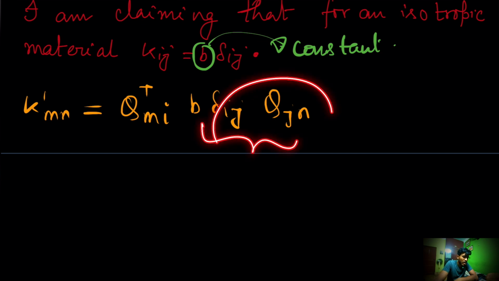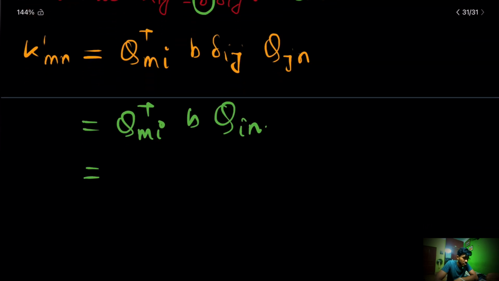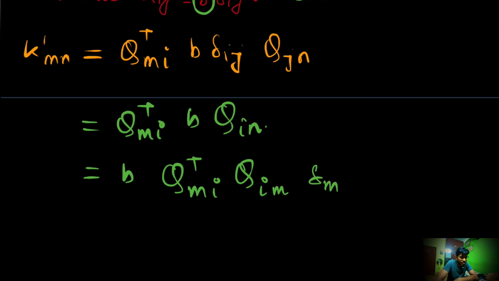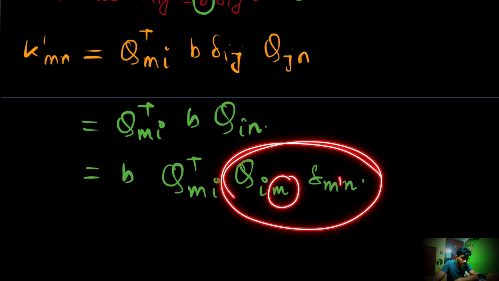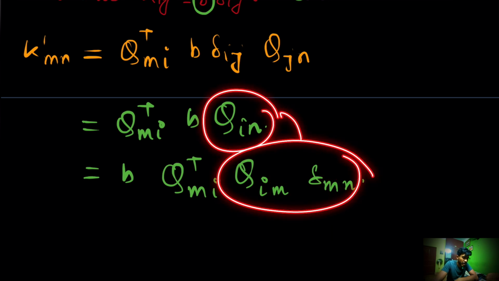Let me do this one, just for a change of flavor. So this will be Qin. I write B separately as it is a constant, so it will be Q transpose mi. Now I can write this Qin as Qim into delta mn, because I have this m common. If m is equal to i, then it is Qin.